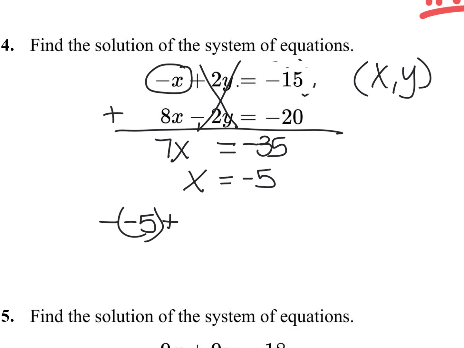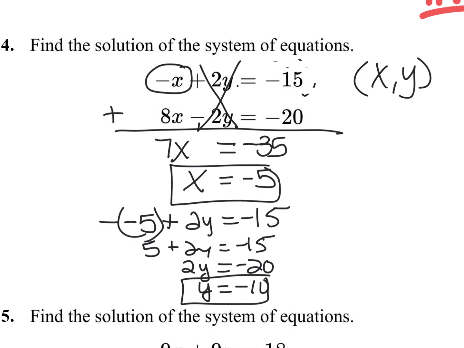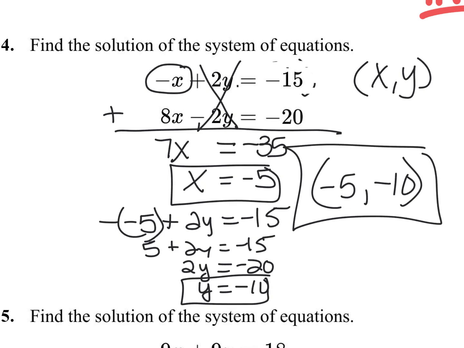It's -x, so -5 plus 2y equals -15. So this is 5 plus 2y equals -15. So 2y equals -20, because all we're doing is solving for y now. So y is -10, x is -5, and there's your answer.